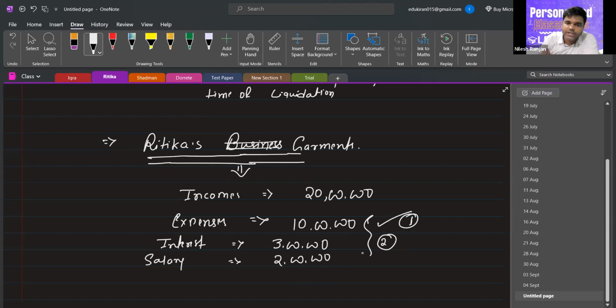Okay, so it is like an appropriation. You are giving profit to yourself, so it will be paid in last. And then the balance is profit, 5 lakh. It will also be paid to you in last. Yes, sir. Because the payment to owner is always made in the last.